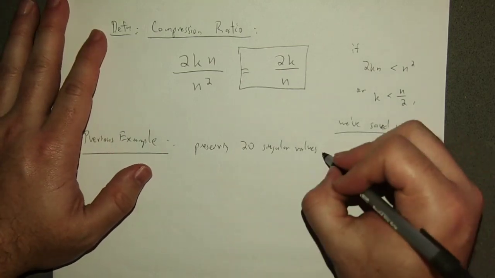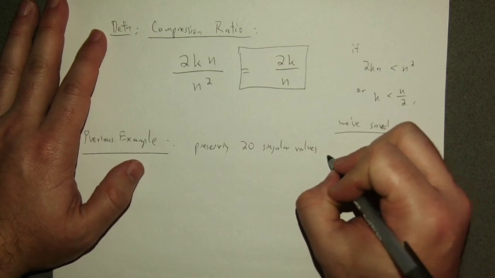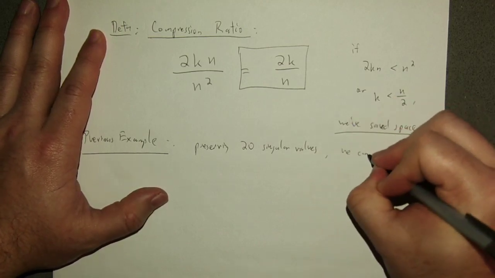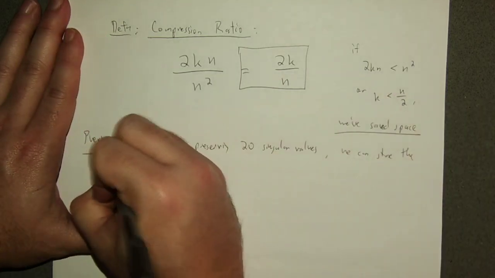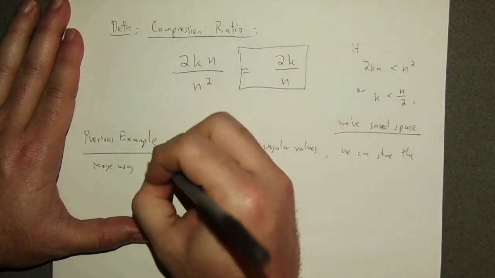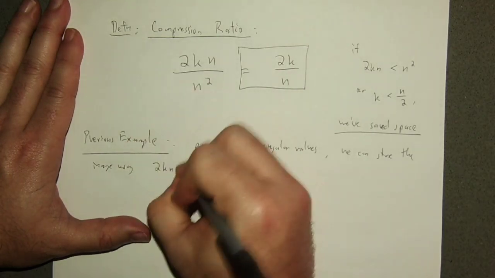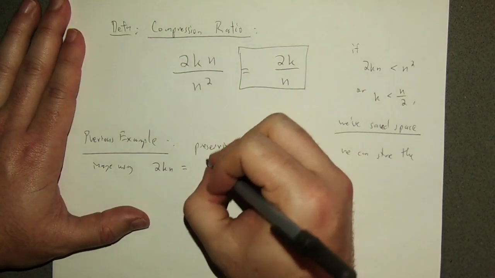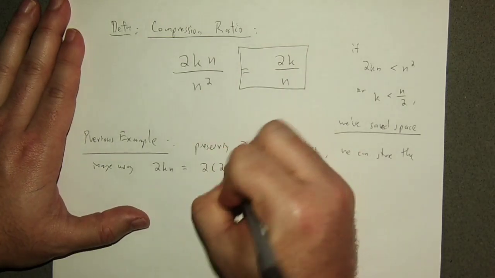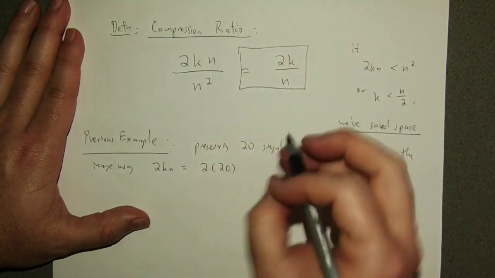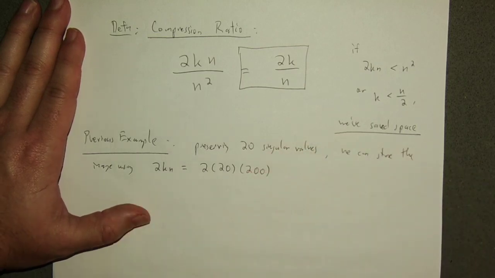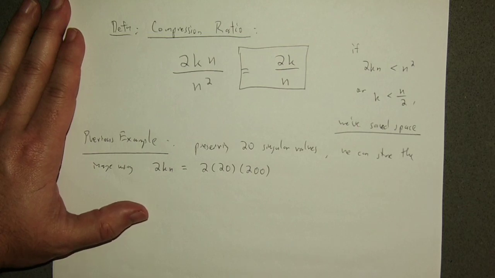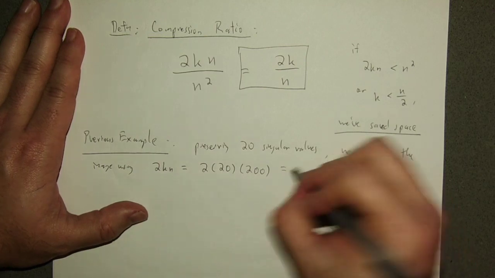So preserving 20 singular values, we can store the image using 2kn, which was 2 times 20 times 200, right? It was originally a 200 by 200 matrix that I needed. So I can store the image using 2kn, which is 2 times 20 times 200, which is 8,000.